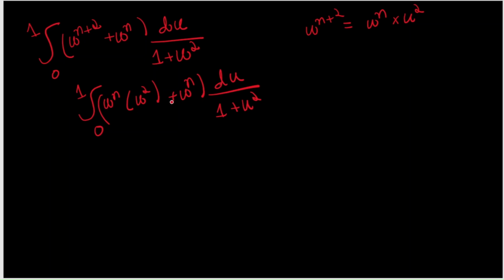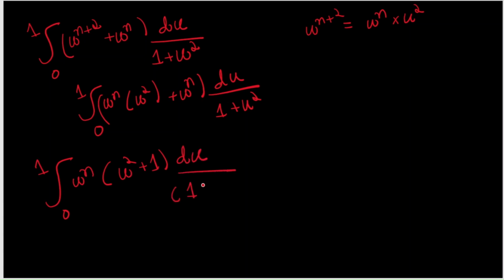If I look over here, u^n is common, so simply take out the common: integral from 0 to 1 of u^n times (u square plus 1) du over 1 plus u square. Just look at what happened. This and this are going to get cancelled, and I'm left with the integral from 0 to 1 of u^n du. So that's what I'm left with.